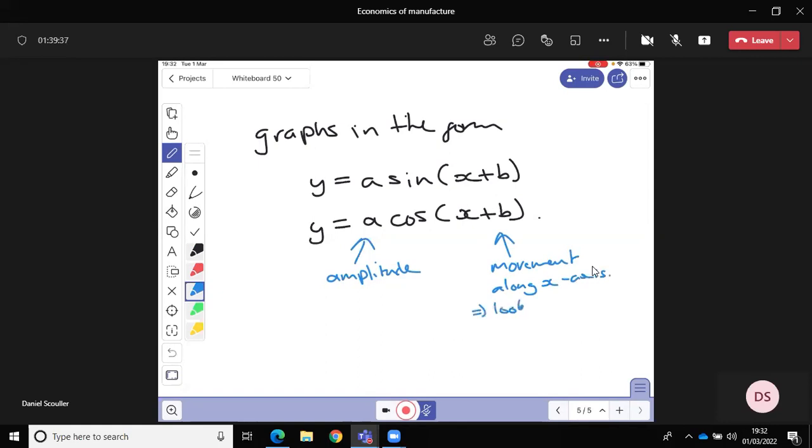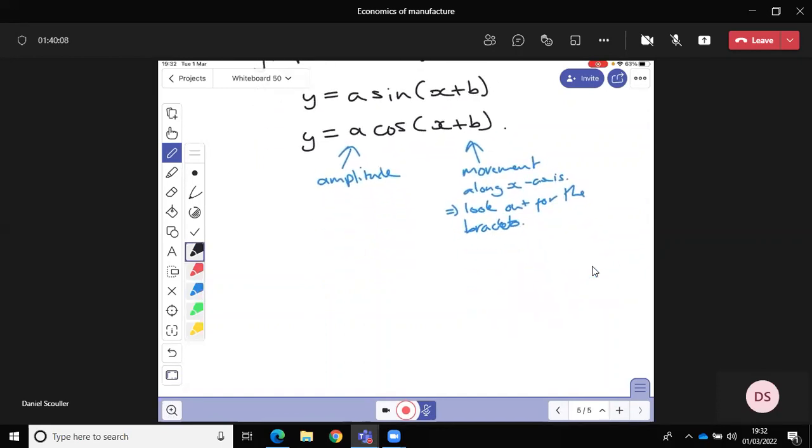Look out for the brackets. What the brackets are telling you is we're adding it directly to x. Without the brackets, when we're adding something on, we're adding it to the full cos curve and moving it up and down. With the brackets, we're moving it along the x-axis left and right.